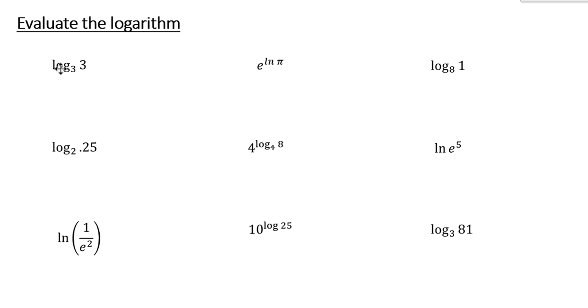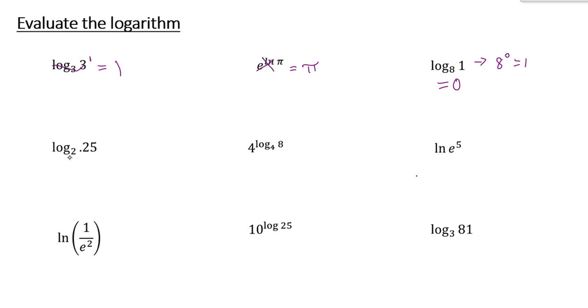Right here, this says log base 3 of 3. Now technically that's to the 1 power. So these guys cancel and your answer is just whatever that power is. This one right here, e and ln basically cancel each other and you get pi. Okay, log base 8 of 1, that was the one that said 8 to the 0 power equals 1. So my answer here is 0.